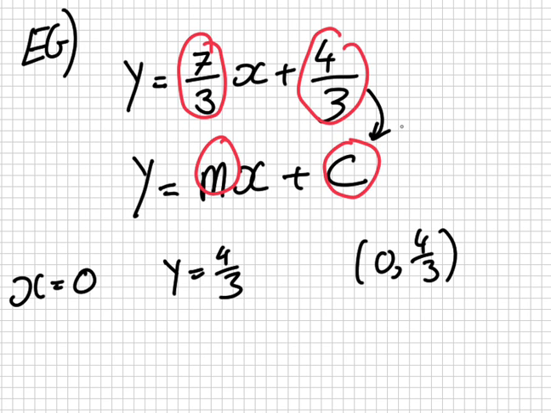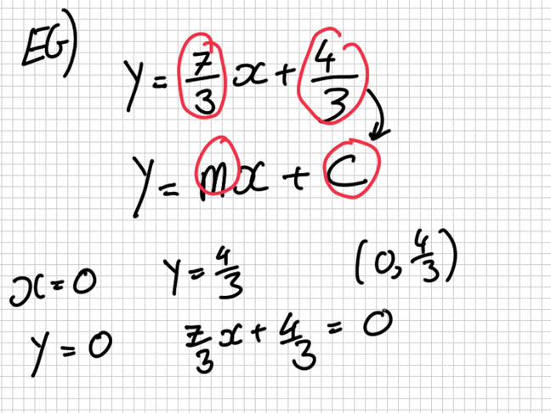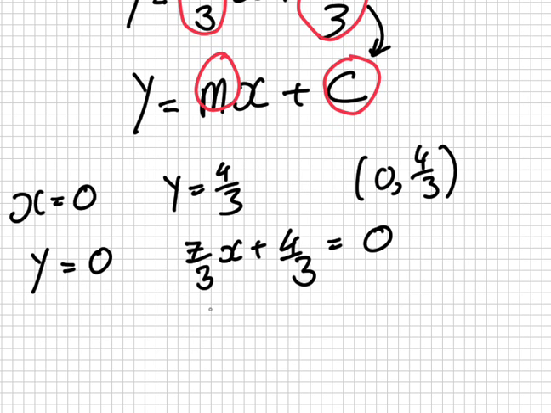A little bit more difficult is the x-intercept. So I make y equals 0, and I get 7 over 3x plus 4 over 3 equals 0. So I get 7 over 3x equals minus 4 over 3. Now, some people were confused in the last class.